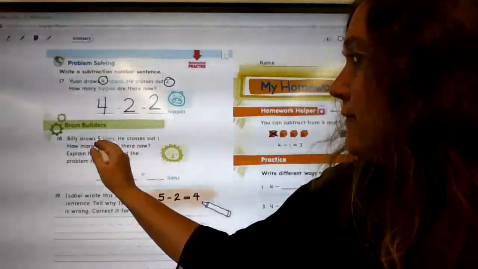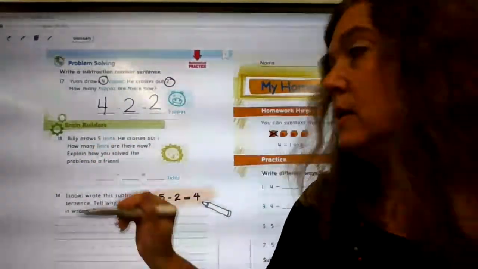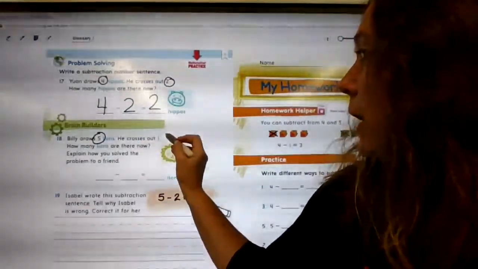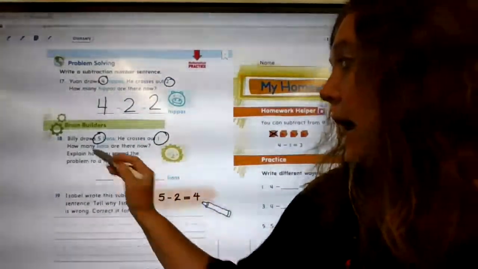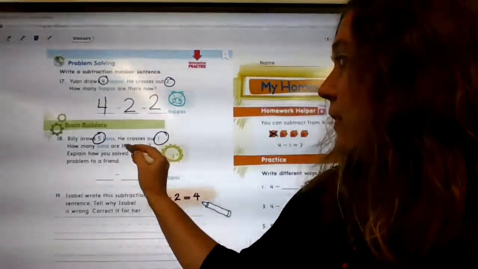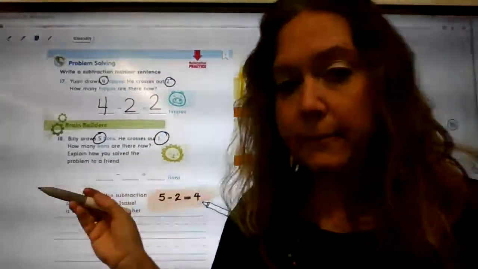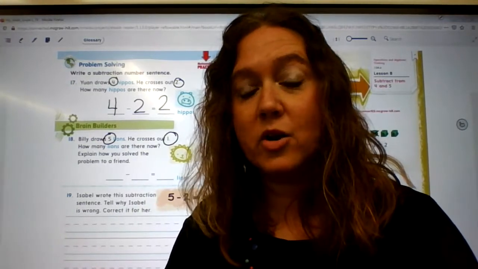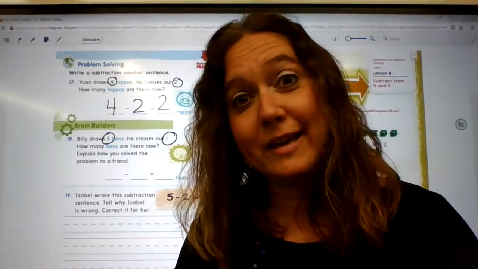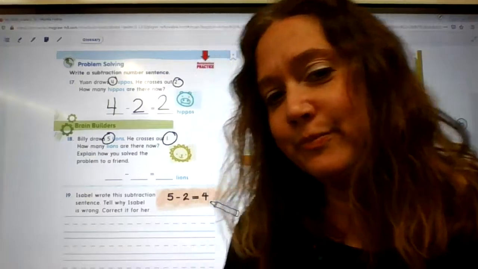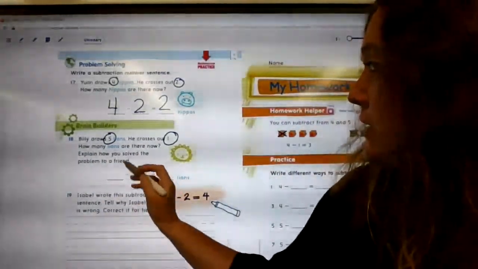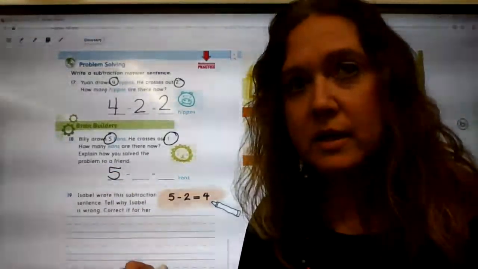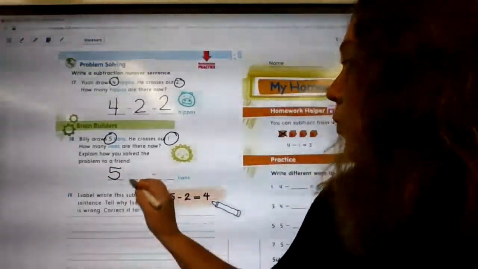Okay. Number 18. Billy draws 5 lions. He crosses out 1. How many lions are there now? Okay, and then it says explain how you solved a problem to a friend, which is kind of hard to do when you're at home, but you could explain it to someone at home. So 5, he started out with 5. He crossed out 1.